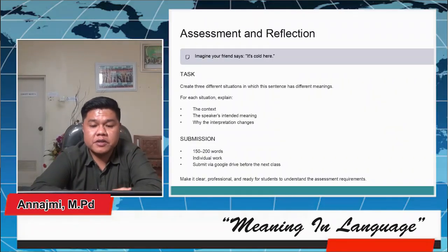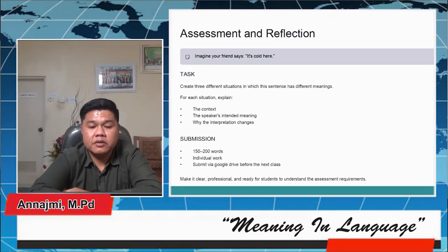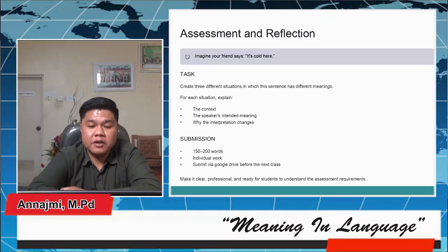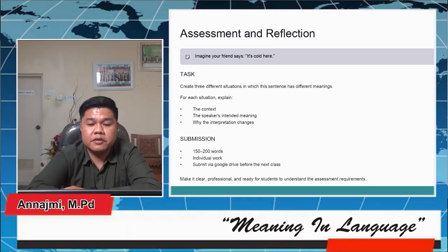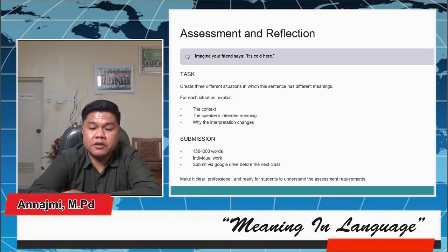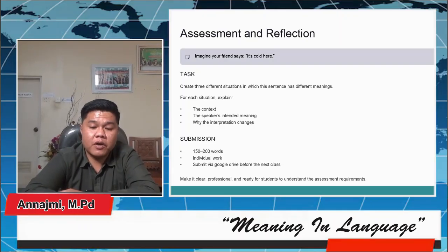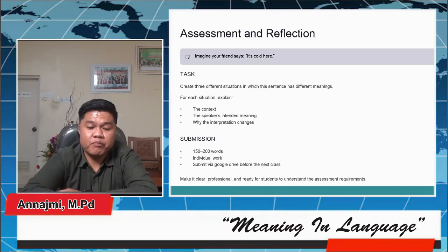Before we end today's lesson, I would like you to apply what you have learned. Imagine your friend says, "It's cold here." Create three different situations in which the sentence has different meanings. For each situation, explain the context, identify the speaker's intended meaning, and explain why the interpretation changed.